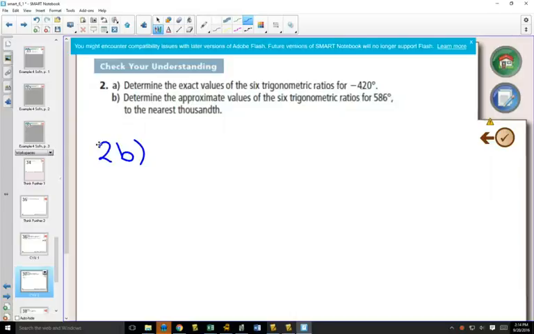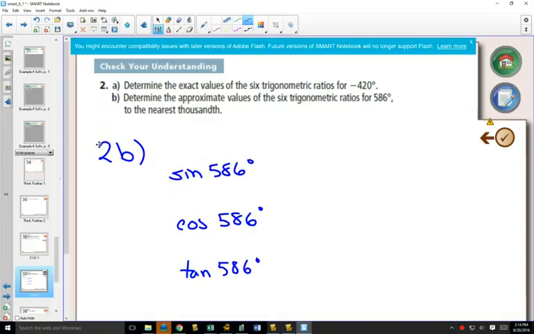So just looking at 2b, it says determine the approximate values of the 6 trig ratios for 586. So we're going to need our calculators, because you're going to want to find sine of 586 degrees, cos of 586 degrees, tan of 586 degrees.